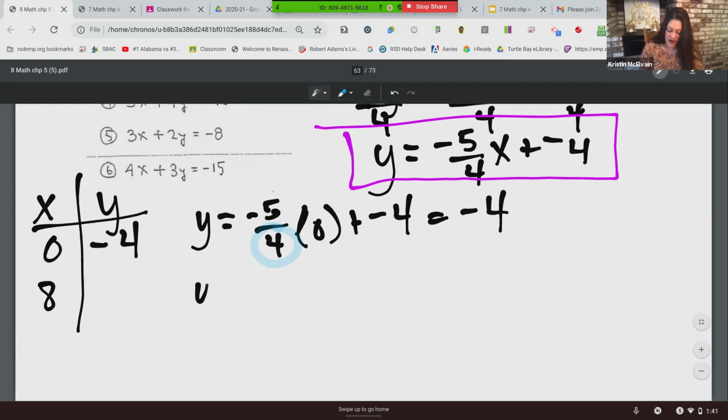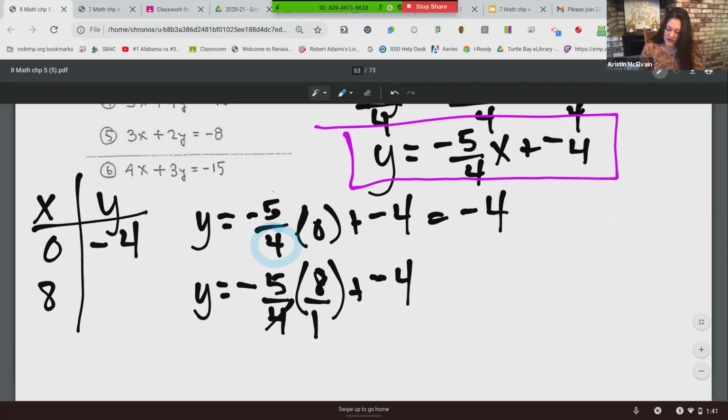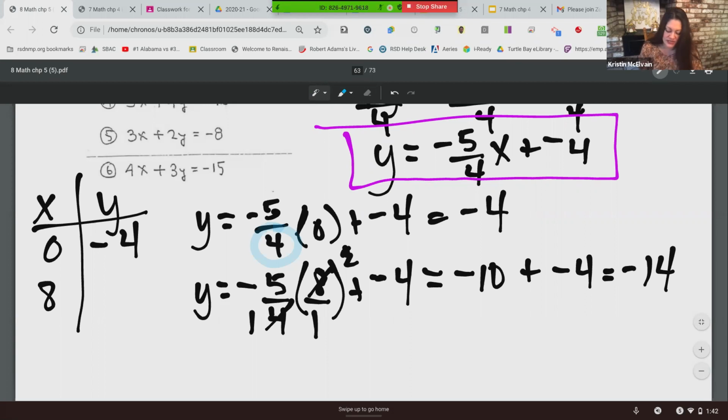So we have y equals -5/4 times 8 plus -4. Of course, this is 8/1. So now instead of them both simplifying to a 1, this one goes to a 2. Okay, so that's going to give us -10 plus -4, which is -14.